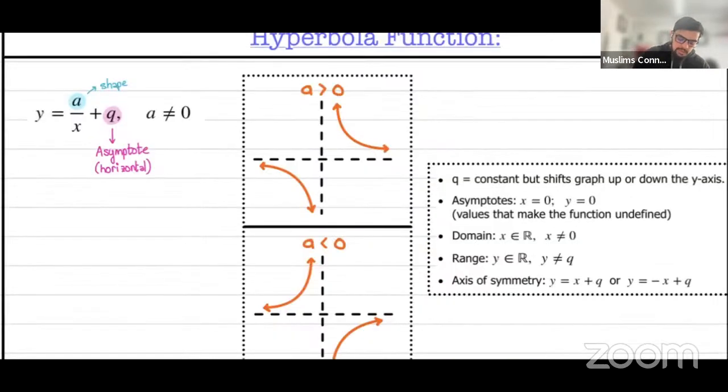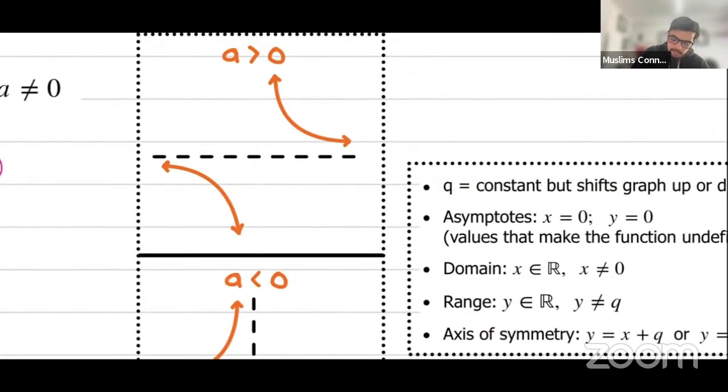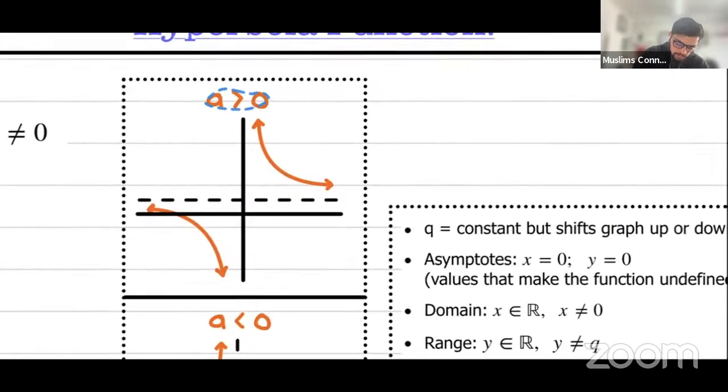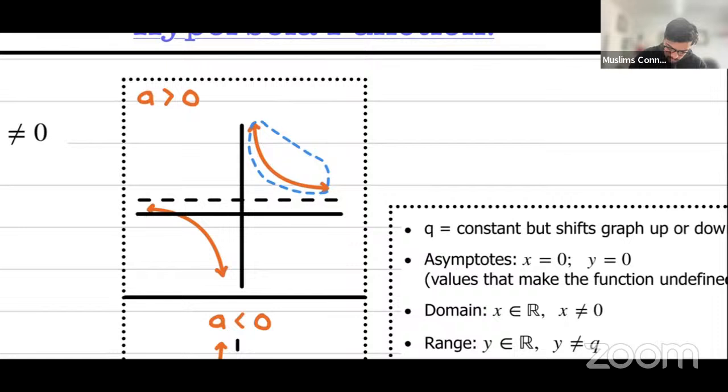Let's edit this example a little bit. Let's say that's our x-axis.